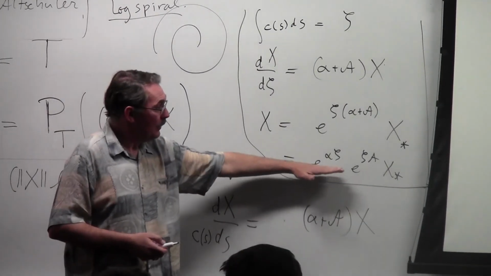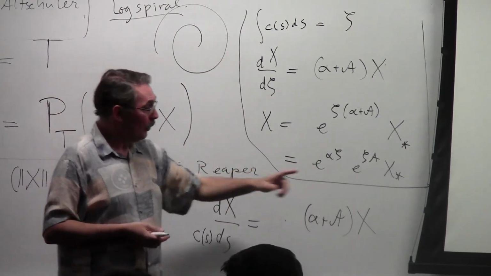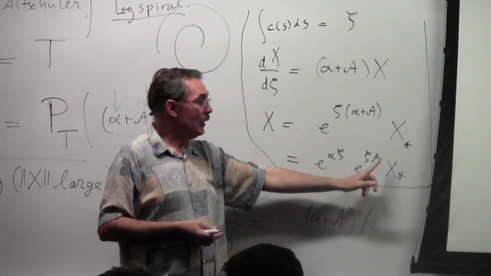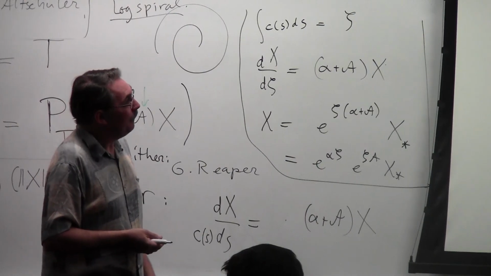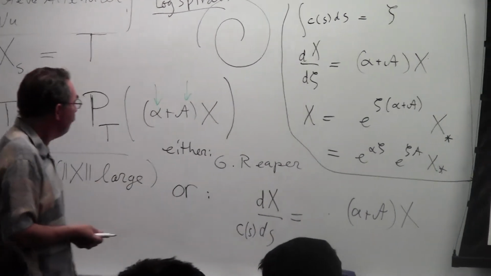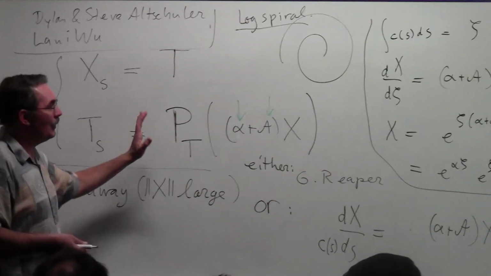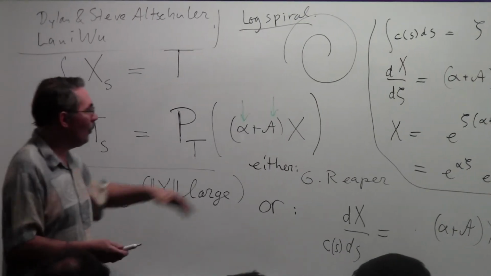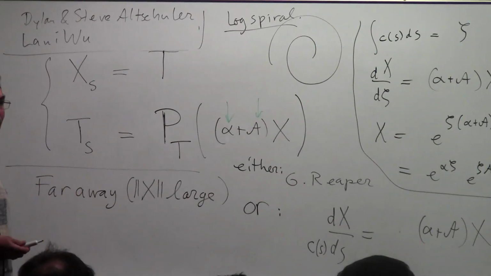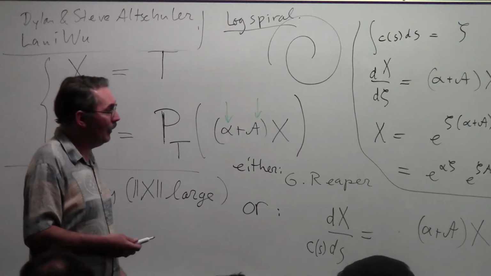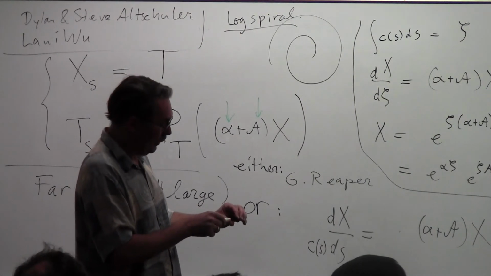And this curve lies on a cone above the xy plane, determined by the z and the x and y coordinates of x star. So there's a lot of hand waving here because I've thrown away terms and it's a formal calculation, and there's no real proof that what I've said here is true, but there are proofs that this is true in some cases, especially for the expanding solitons.